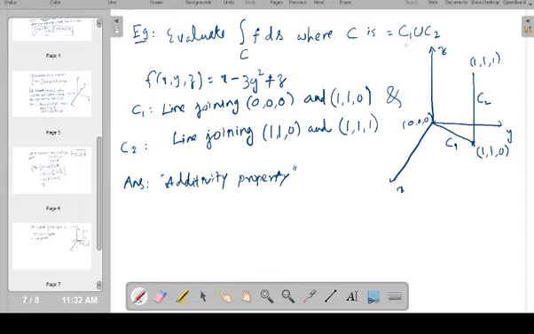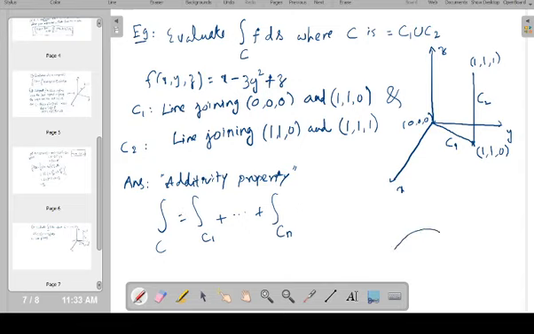And these contours are joined end to end. That means the final point of the ith contour is the same as the initial point of the (i plus first) contour. That is the additivity property. Integral means line integral.